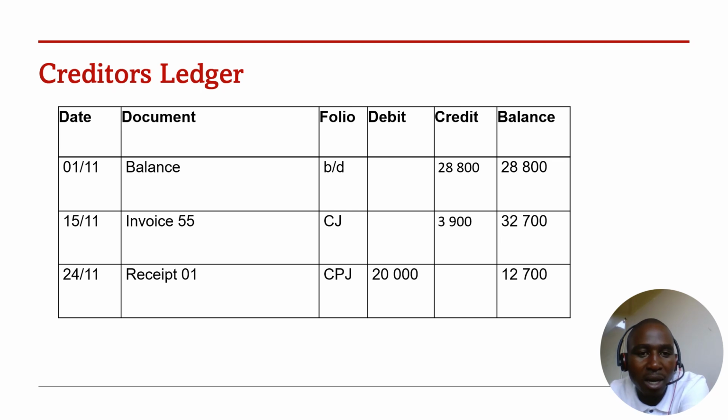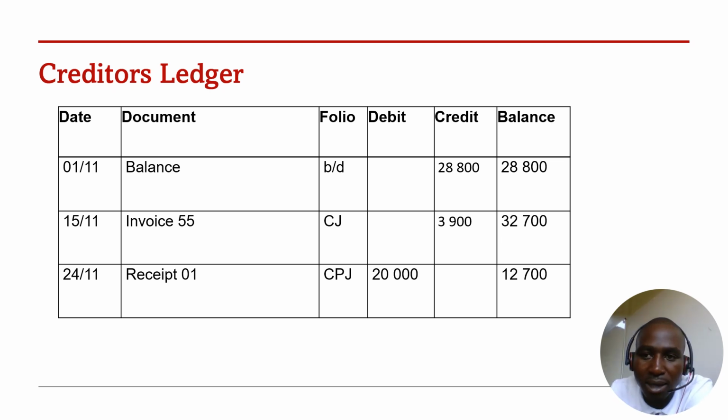Where did you see that? You see that on the CPJ. Whenever you are paying something, you always write it on the CPJ. Then you write on the debit side, because you are decreasing your account. So you write on the debit side of your creditors ledger, and you take the current balance, 32,700 minus the 20,000 that you are paying, and you have the current balance of 12,700.